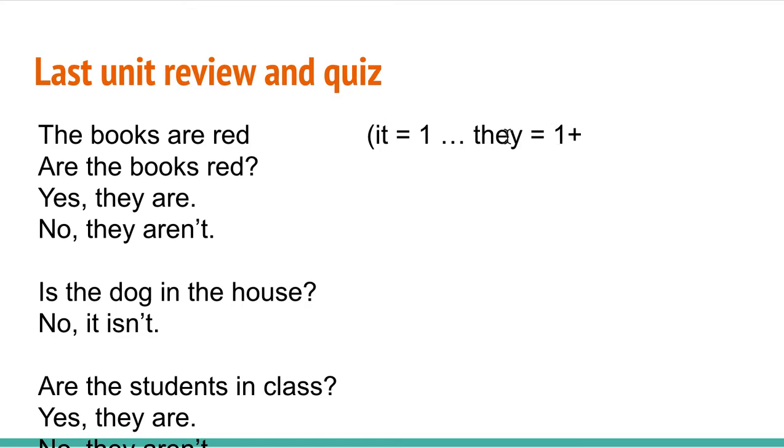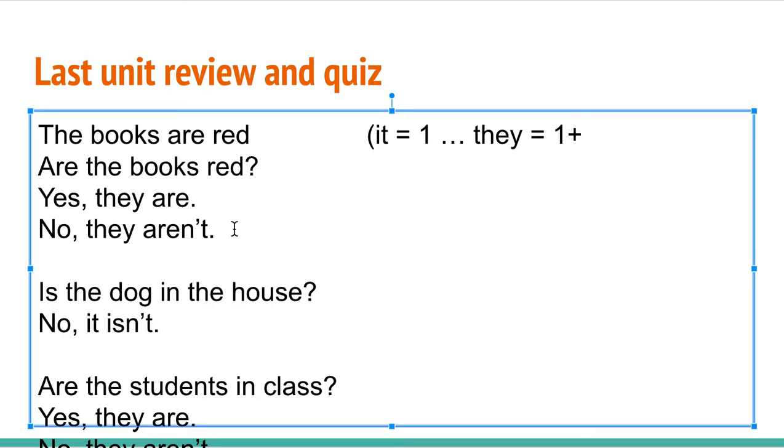Okay? So they is the plural form of it. All right? Let's continue. So the books are red. Are the books red? Yes, they are. No, they aren't. They are blue. Okay?